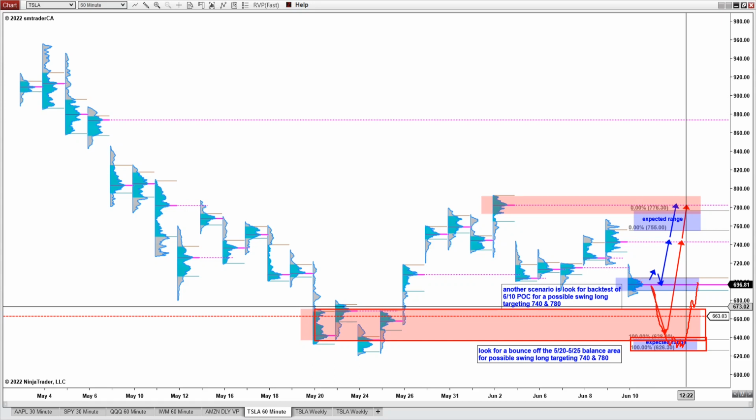I would not try to short it down here on this break, because we never know how much downside Tesla will experience before we get a bounce, or if we get a bounce. So I would rather hold back on the short right now and look for a potential long. Unless it breaks this expected range, then all hell is going to break loose. So those are the scenarios.